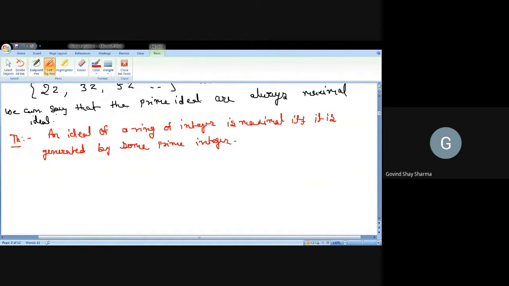If it is generated by some prime integer, that means a prime ideal. We already concluded this by the examples, but now we have to prove that an ideal of the ring of integers is maximal if it is generated by a prime.